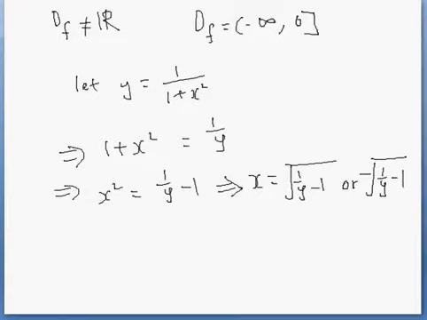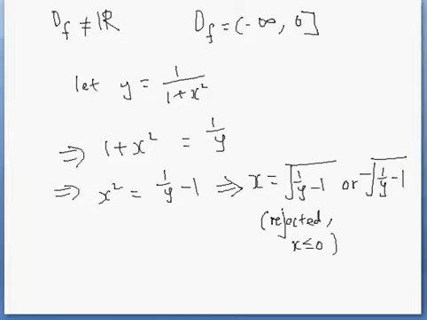Which equation do you reject? You take a look at the condition for x. We say that x can only take negative values and 0. Therefore, we have to reject the positive square root. And when you write rejected, please state the reason: x must be less than or equals to 0.